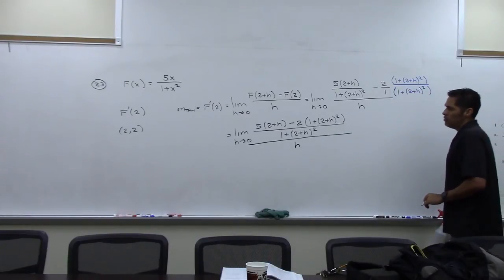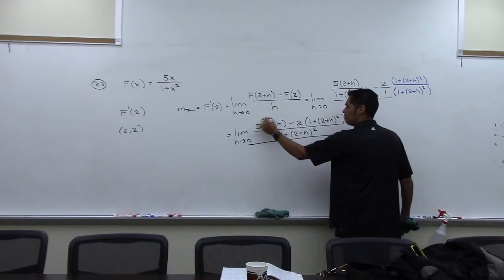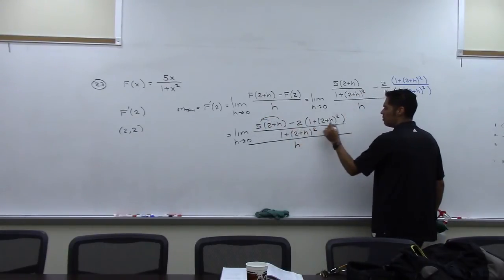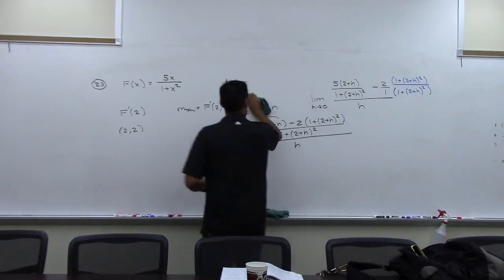And I get to clean up that numerator. So I'm going to distribute 5 through. I'll distribute negative 2 through, but I've got to figure out what that is first. So maybe I'll do that right up here.